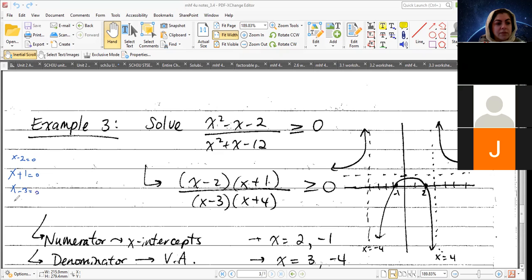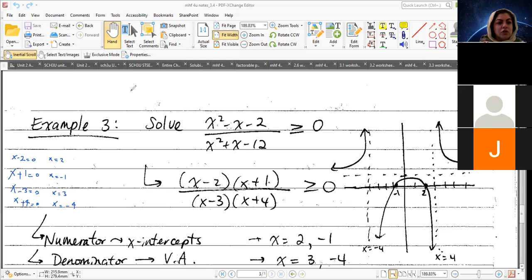Equal to 0. x plus 4 equal to 0. So these are the zeros in the numerator and denominator. So from the numerator, we have x equal to what? 2. Denominator x equal to negative 1. Here is x equal to 3. And here is x equal to negative 4.